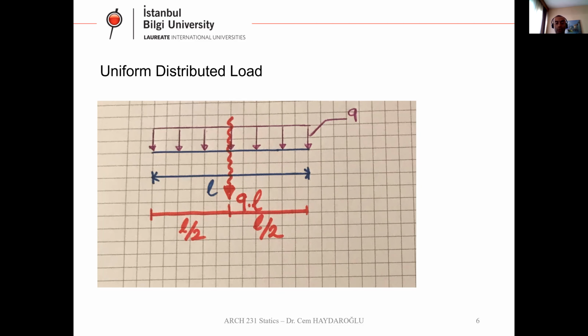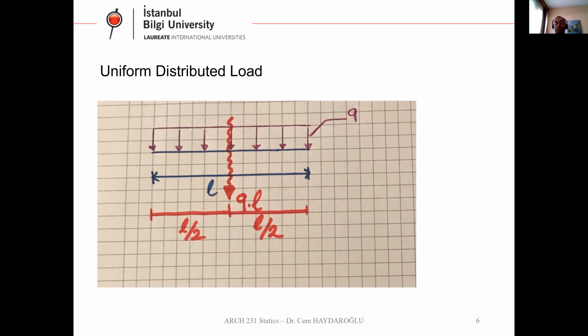Next term, we are going to use these support reactions and draw the internal force diagrams. It's a next step. But beforehand, we have to understand how we can calculate the support reactions. To do it, we have to understand how we can use distributed loads.